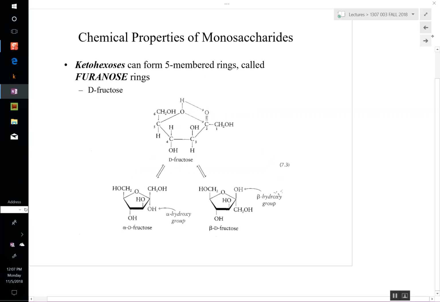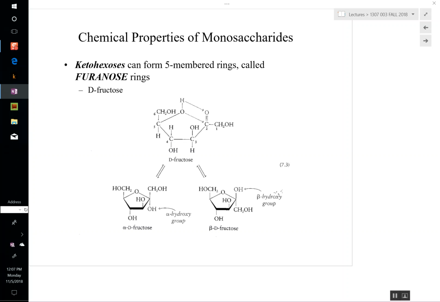That's just another one. This is fructose. Don't worry about drawing fructose too much. I'll just point it out. Fructose is going to make a 1, 2, 3, 4, 5 membered ring. There's going to be an oxygen in there. But see, here's your carbon 1, 2, 3, 4, 5, 6.